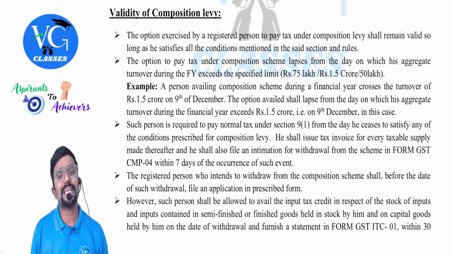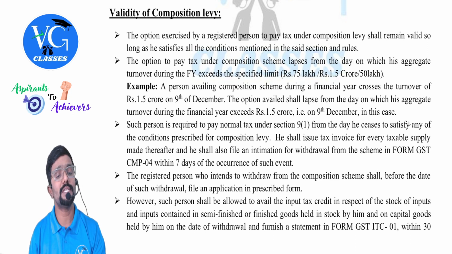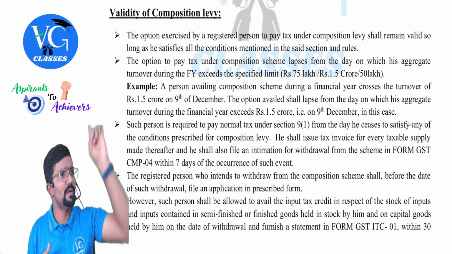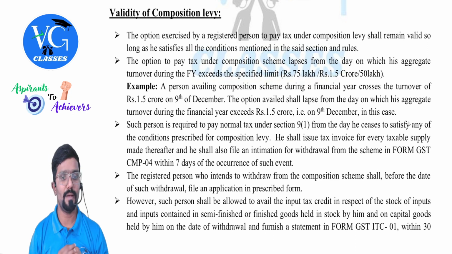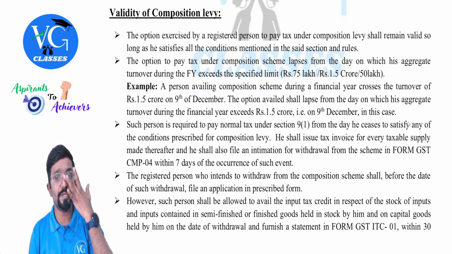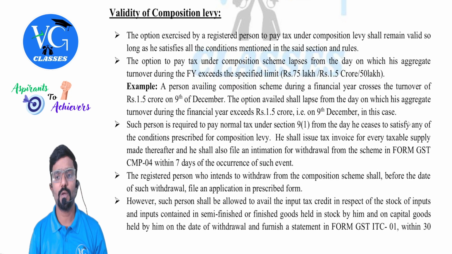The option to pay tax under composition scheme lapses from the day on which the aggregate turnover during the financial year exceeds the specified limit. That is 75 lakh or 1.5 crore for section 10(1) scheme, or else 50 lakh for section 10(2A) scheme. Example, a person availing the composition scheme during the financial year crosses the turnover of 1.5 crore on 9th December.